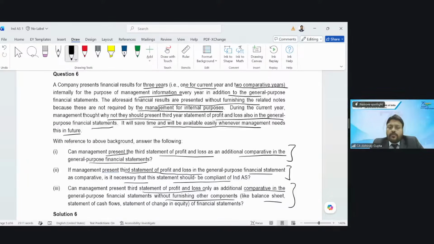Number one, whether that third column is required to be compliant with Ind AS if we are going to present it, and is it possible to present only for the profit and loss, or if we present it for the profit and loss, do we need to present it for all, that is the balance sheet, the statement of cash flow, and the statement of changes in equity? What do you think? What is your call on this?